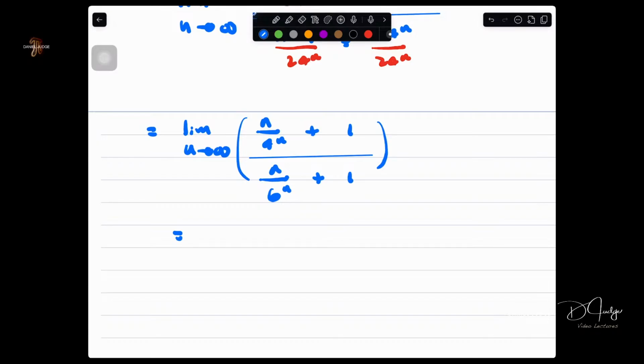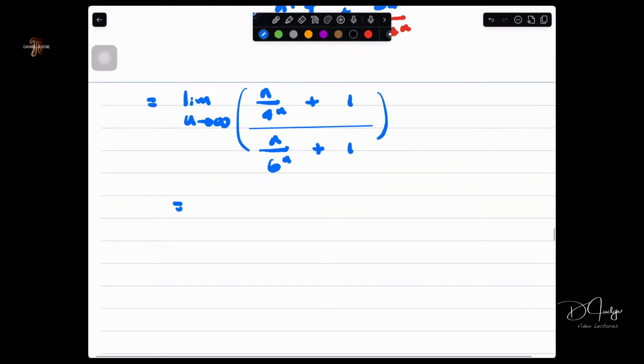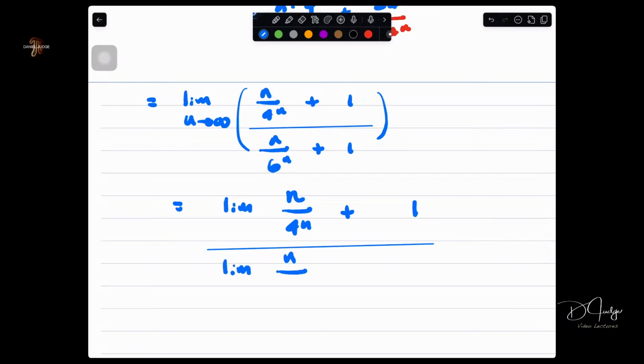So let me get this here for you guys so you can see what's going on. Properties of limits: limit of n over 4 to the n plus the limit of 1, over the limit of n over 6 to the n plus the limit of 1. This is as n goes to infinity.